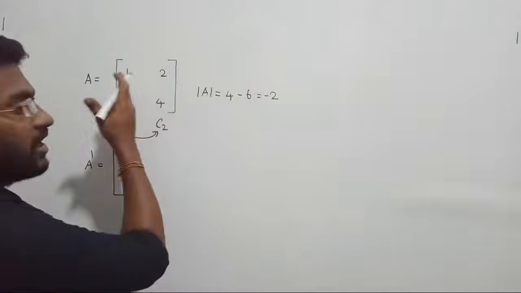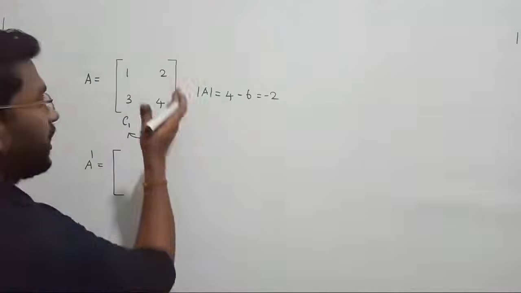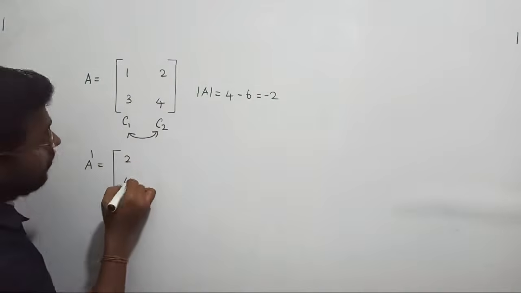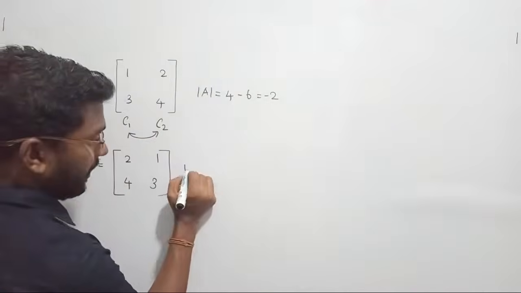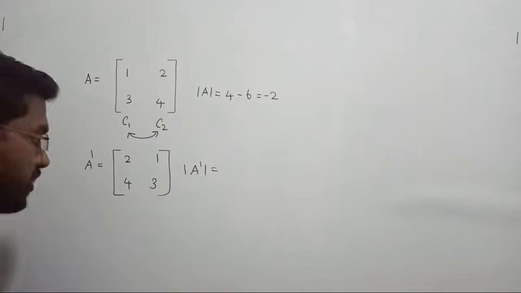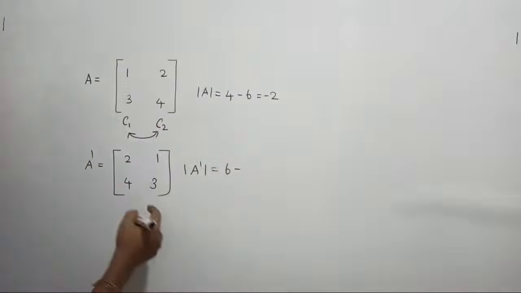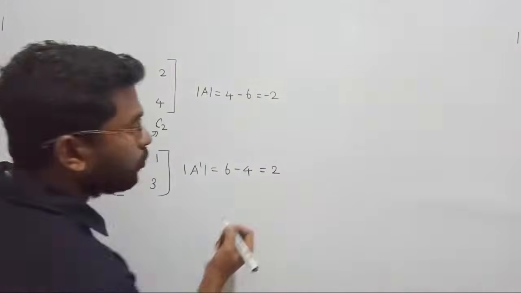After interchanging the matrix, you are going to get 2, 4 here, 1, 3 here. Again, find the determinant for A dash. 2 into 3 will give you 6 minus 4 into 1 will give you 4, such that 6 minus 4 will give you 2.